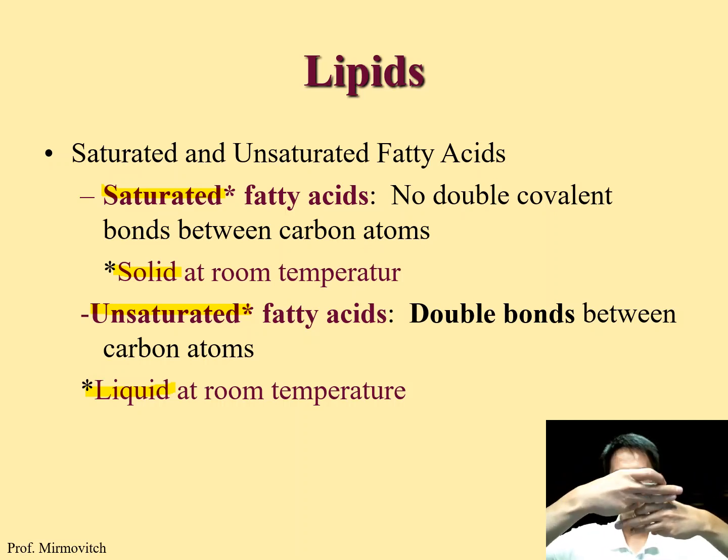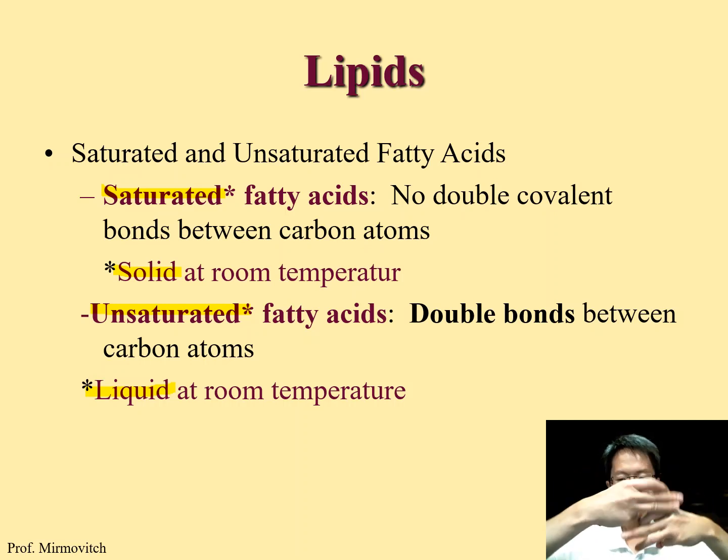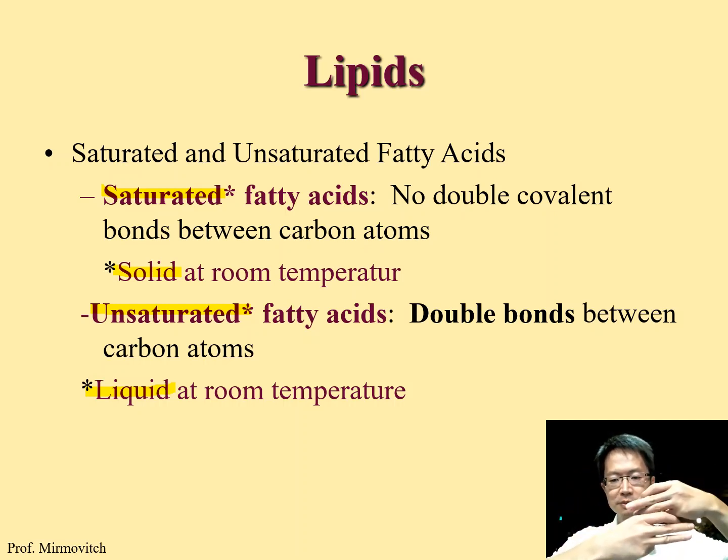When they stack on each other, they won't be able to be very stable. They won't be able to sit on each other stably because they have at least one bend.